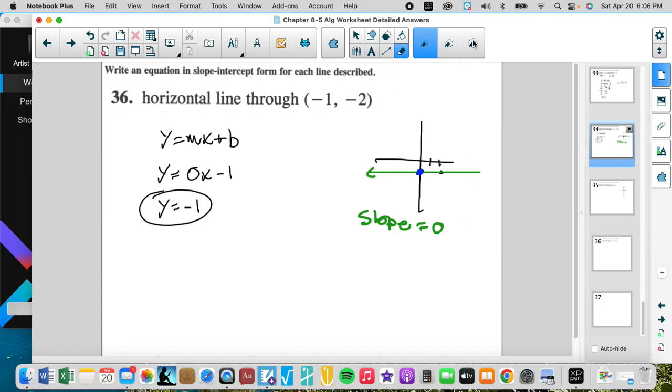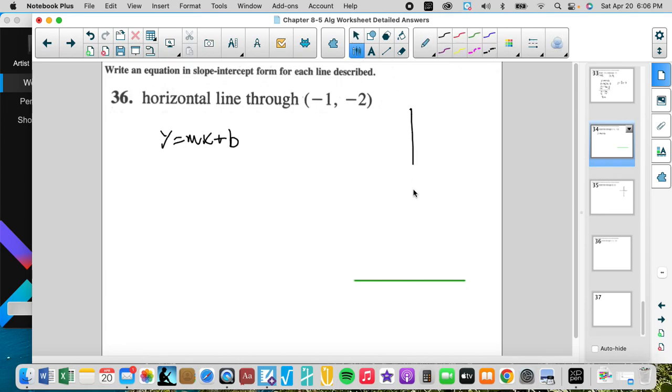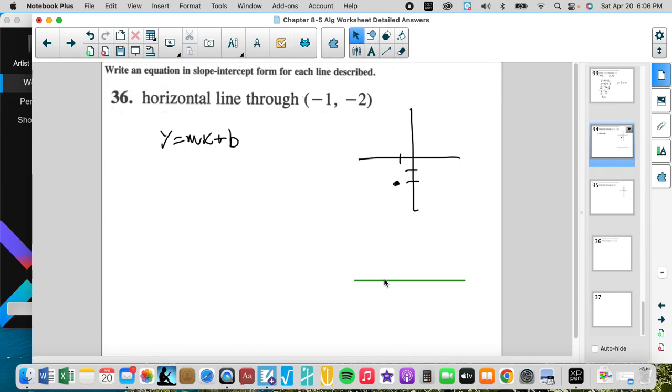The concept, the idea is correct, but I made a major boo-boo in graphing my point. I'm sorry, I made a huge mistake. That's -1, -2, right here. Sorry. So it does change a lot of things.